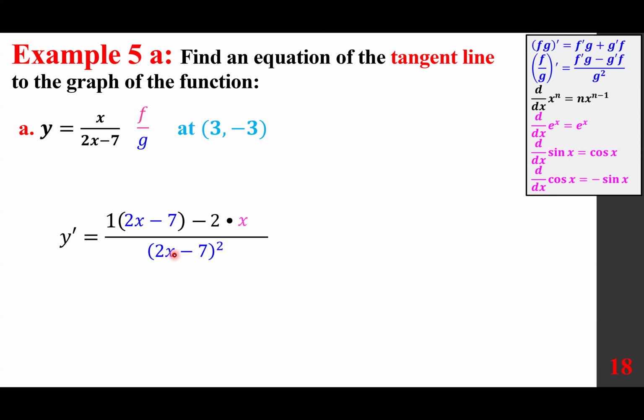Everything else is algebra. So you're going to simplify the top. You get 2x minus 7 minus 2x. So 2x minus 7 minus 2x means we can get rid of those two.